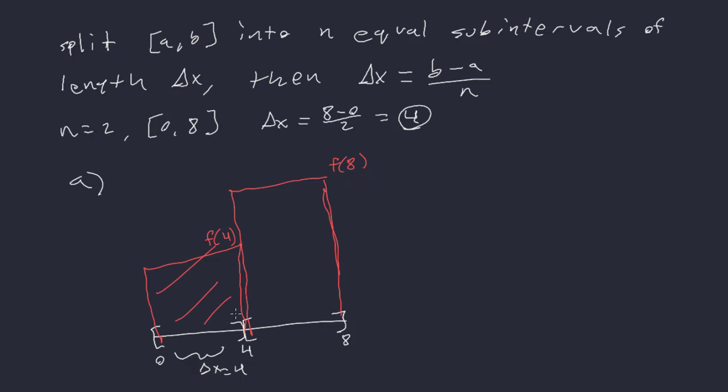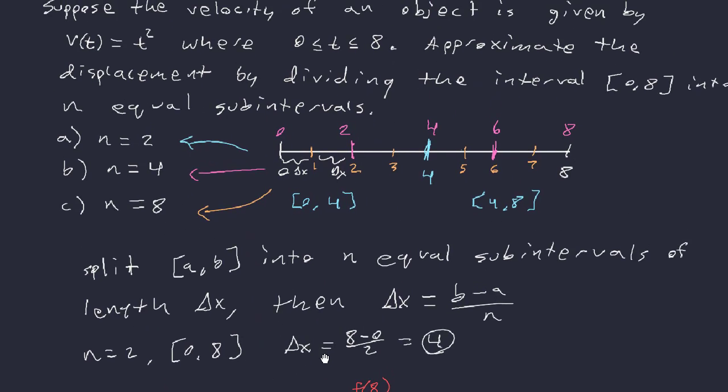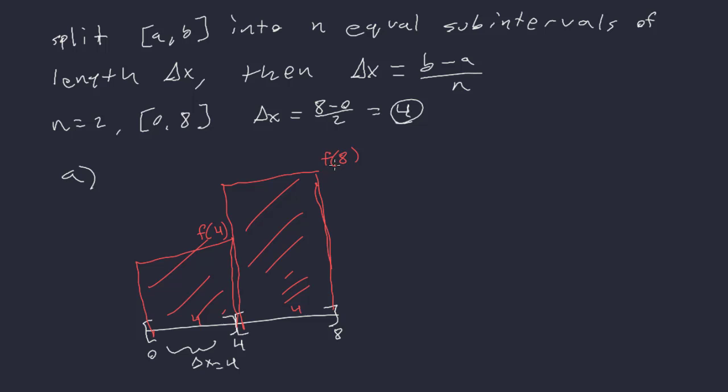So we've made 2 rectangles, of base 4 and height f of 8 and f of 4. And I'm calling it f. This is actually v, so I should probably be a little more conscientious there.